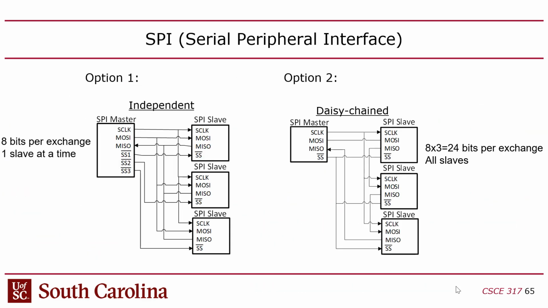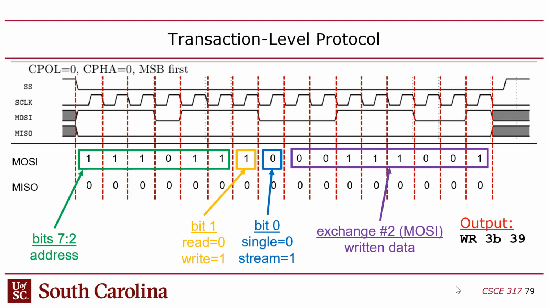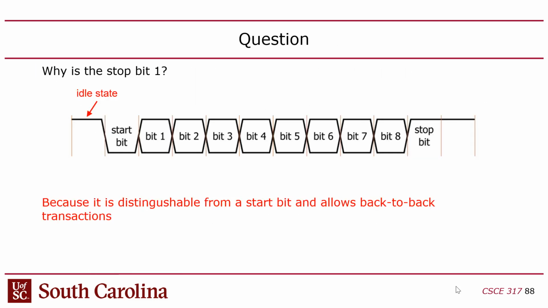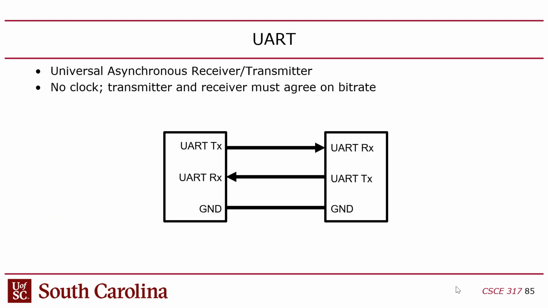Then we get to I squared C, but we talked about UART first. UART was really simple. It's basically just one bit for transmit and one bit for receive. There are no control wires at all, just data wires. The control information is encoded on those wires serially through the start bit, the parity bit, and the stop bit.